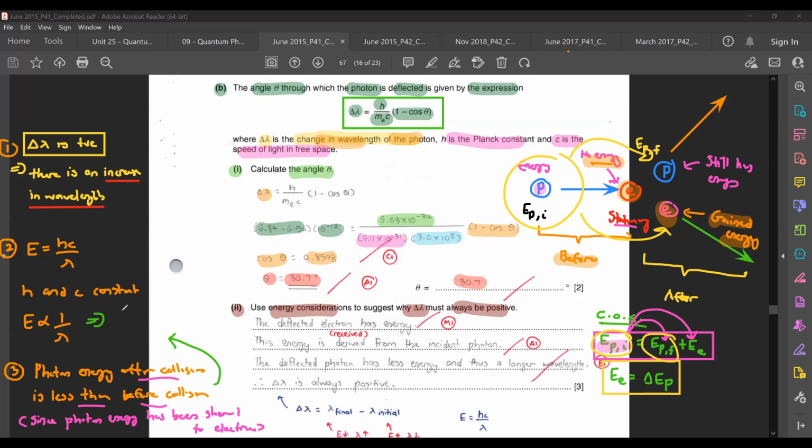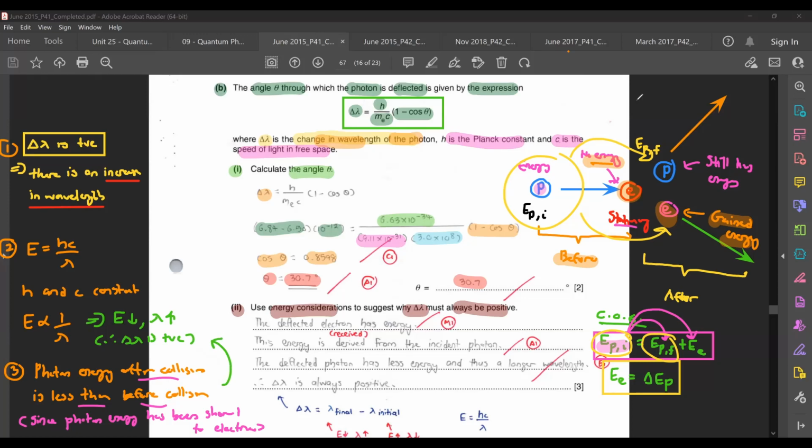If your energy of your photon is now less after collision, your wavelength must therefore increase, no? Therefore, change in wavelength is positive. Your change in wavelength is positive. That's how you relate your points here.